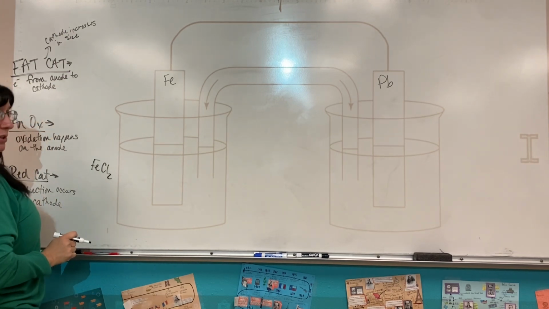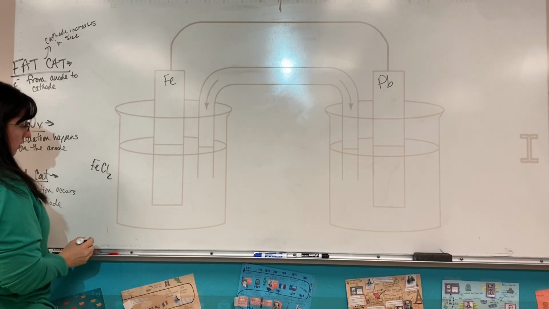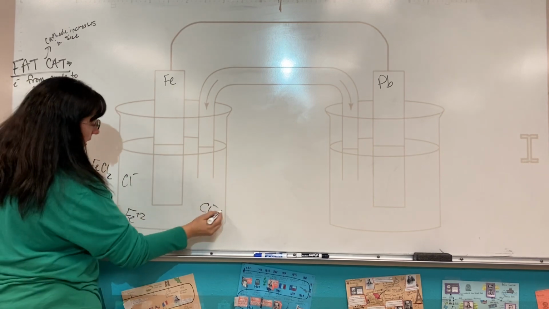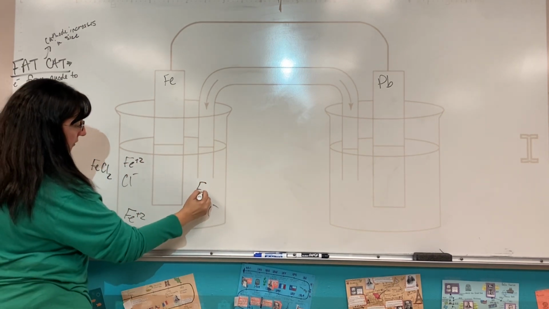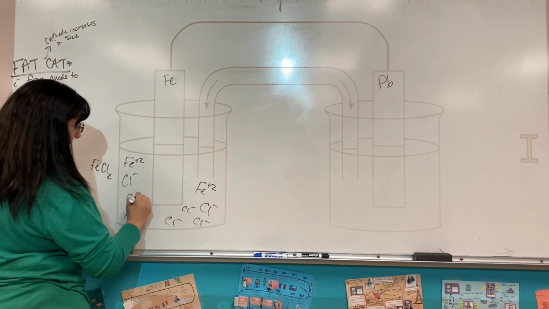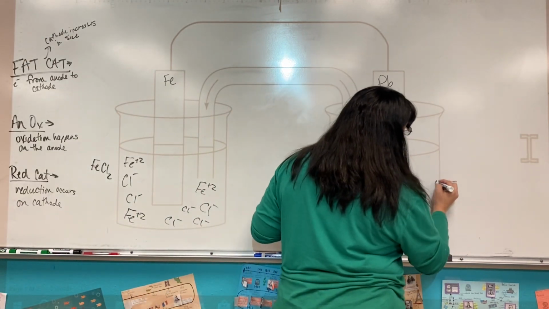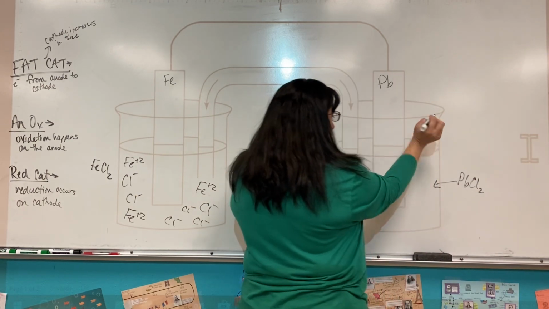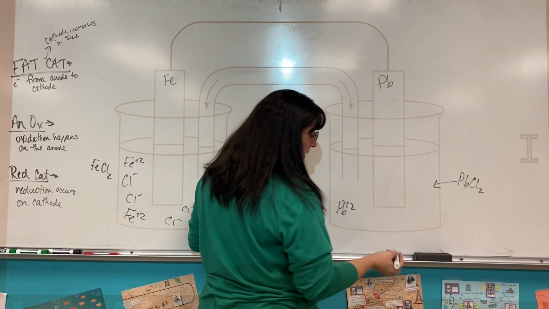So if I crisscross that, what does that tell me? Fe2, and then Cl's with a negative. So Fe +2, Cl's negative, Fe +2, Cl's negative. All right, and then we're going to do PbCl2. So if I uncrisscross, it shows that Pb has a +2 charge, so it wants to gain 2 electrons.